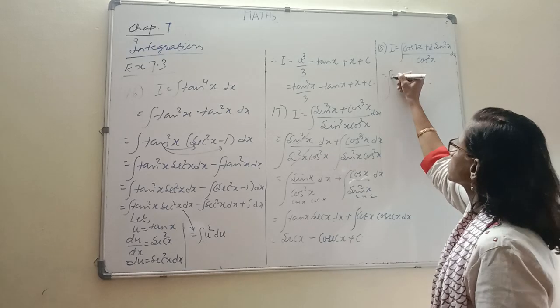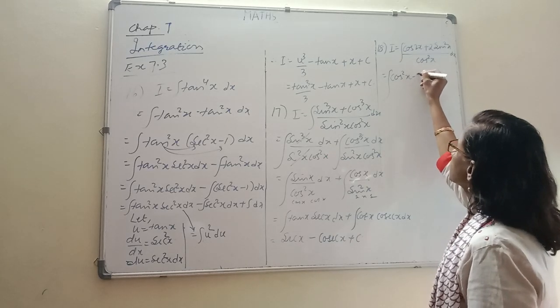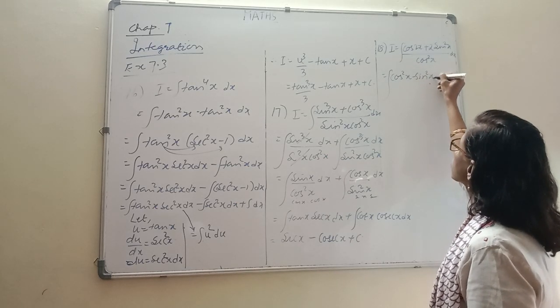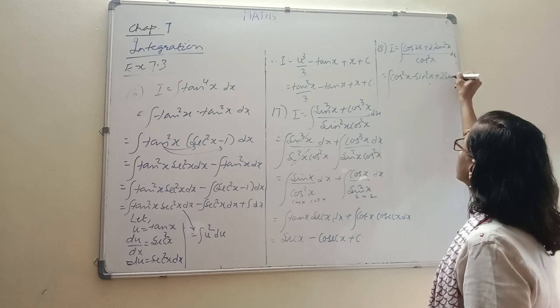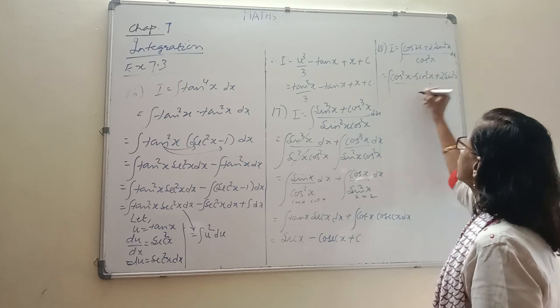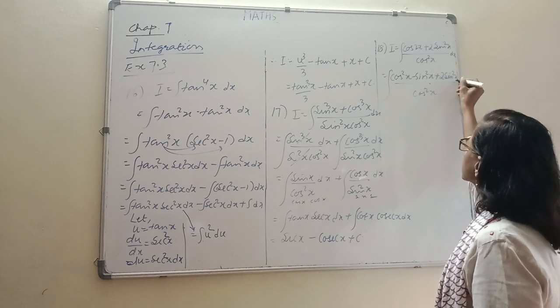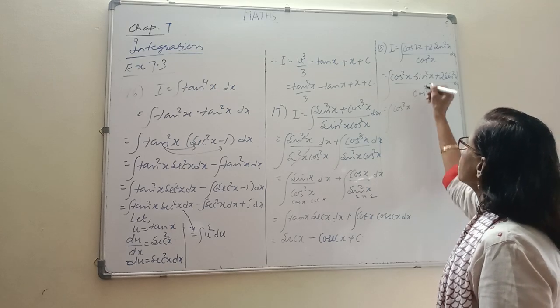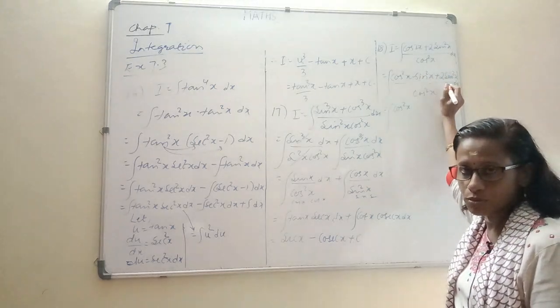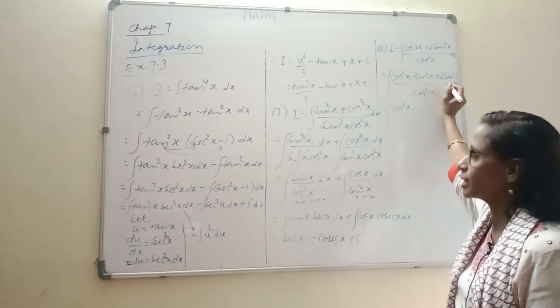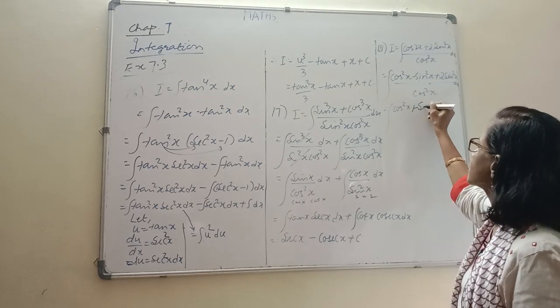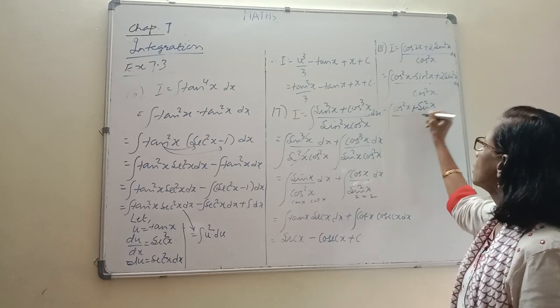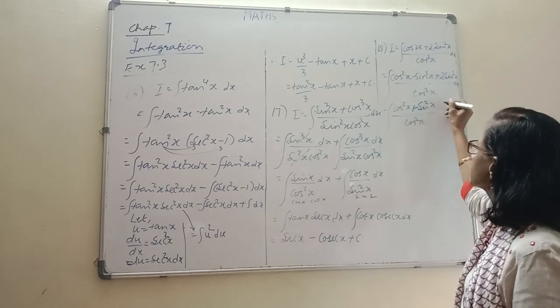So let's make that substitution. Cos squared x minus sine squared x instead of cos 2x, and you already have the 2 sine squared x over cos squared x dx. So cos squared x will stay as it is, and minus sine squared x plus 2 sine squared x will make it plus sine squared x, over cos squared x dx.